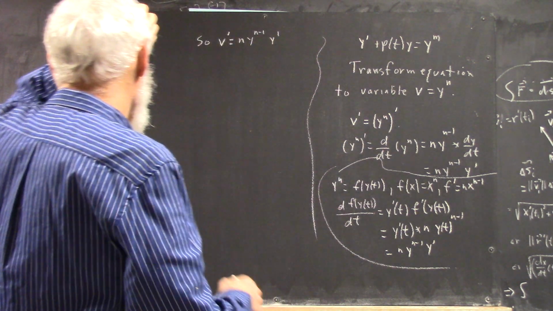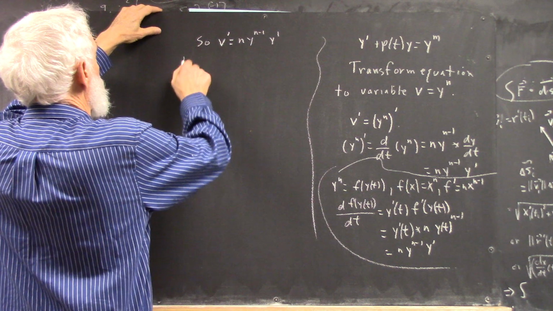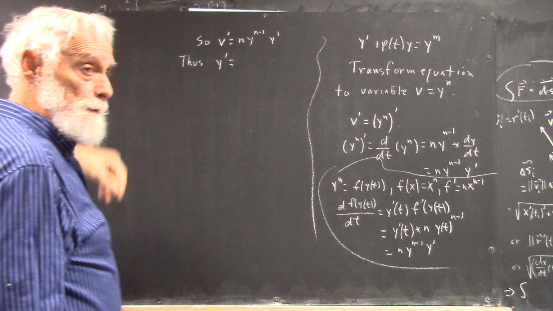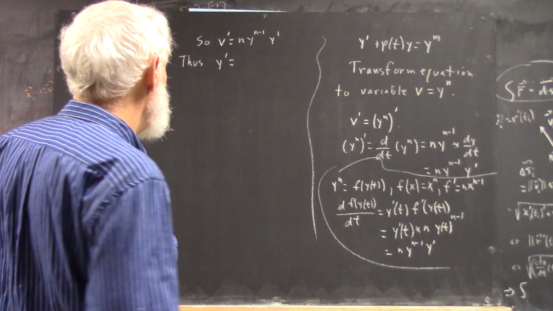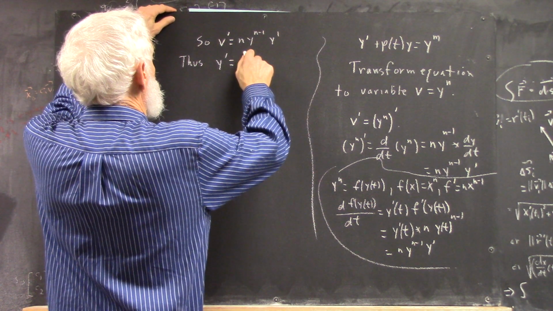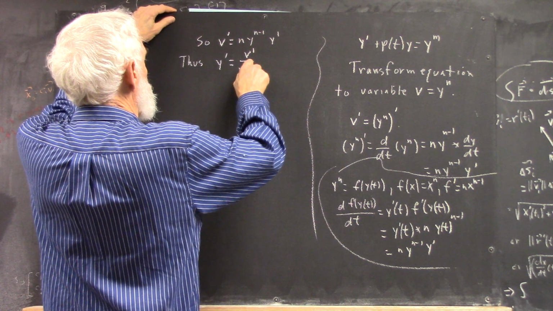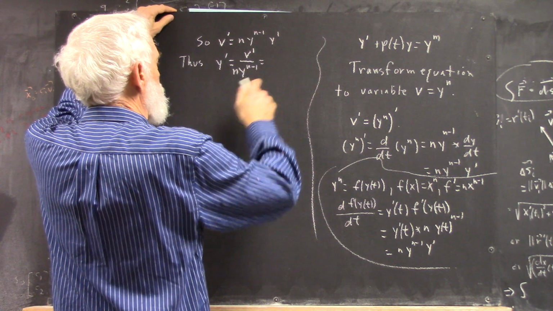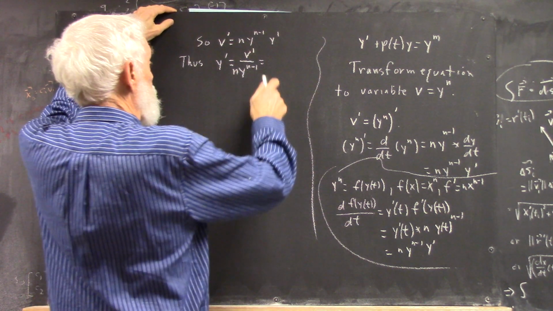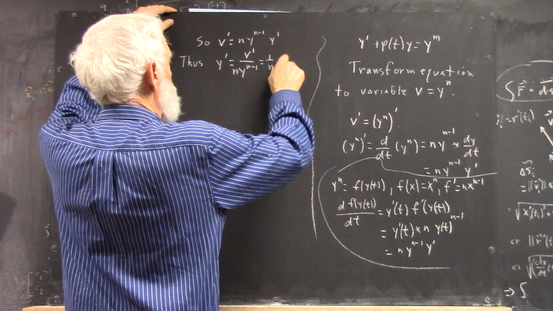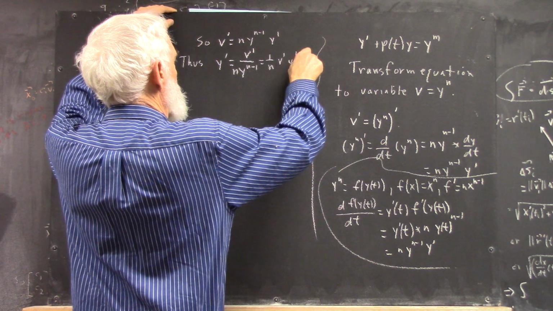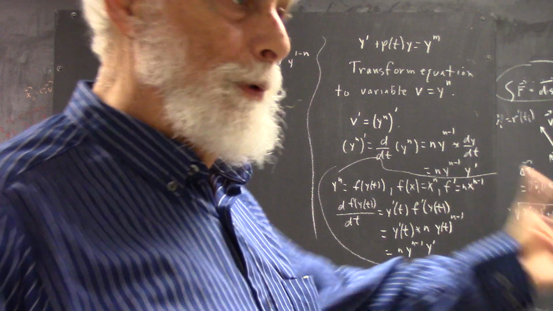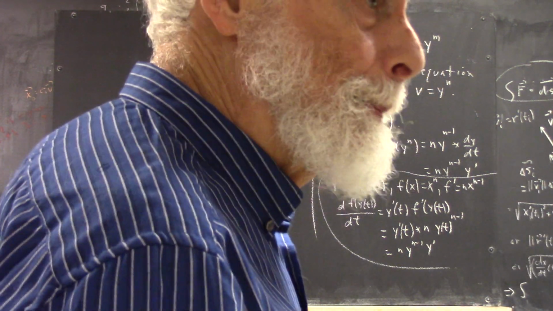So what's y prime have to equal? V prime over n y to the n minus 1. And the reciprocal of y to the n minus 1 is y to the 1 minus n, the negative of the exponent.